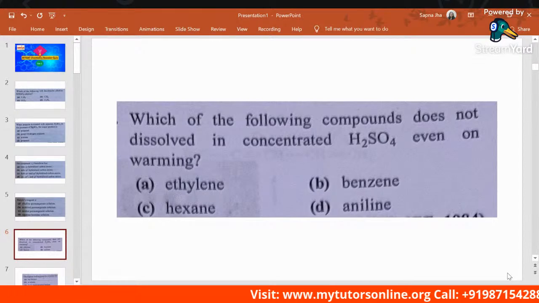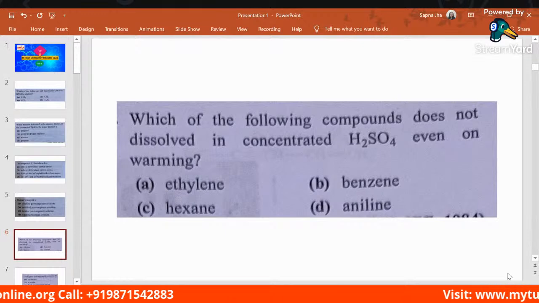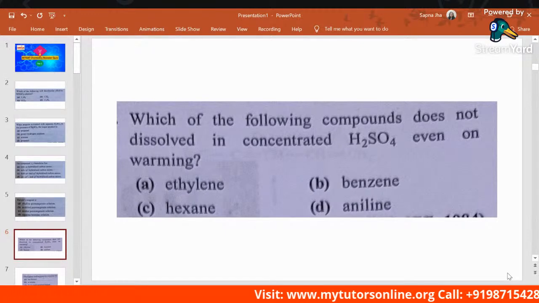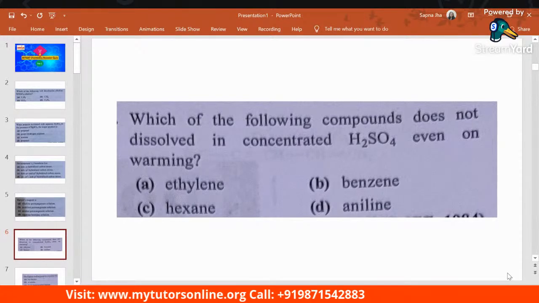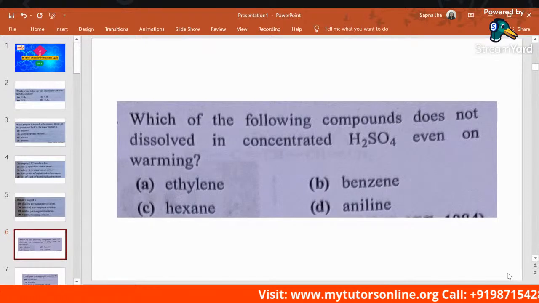Are you ready with the answers? Okay. Hmm. I think you all need to think again. The question is, which of the following compounds does not dissolve in concentrated sulfuric acid even on warming?